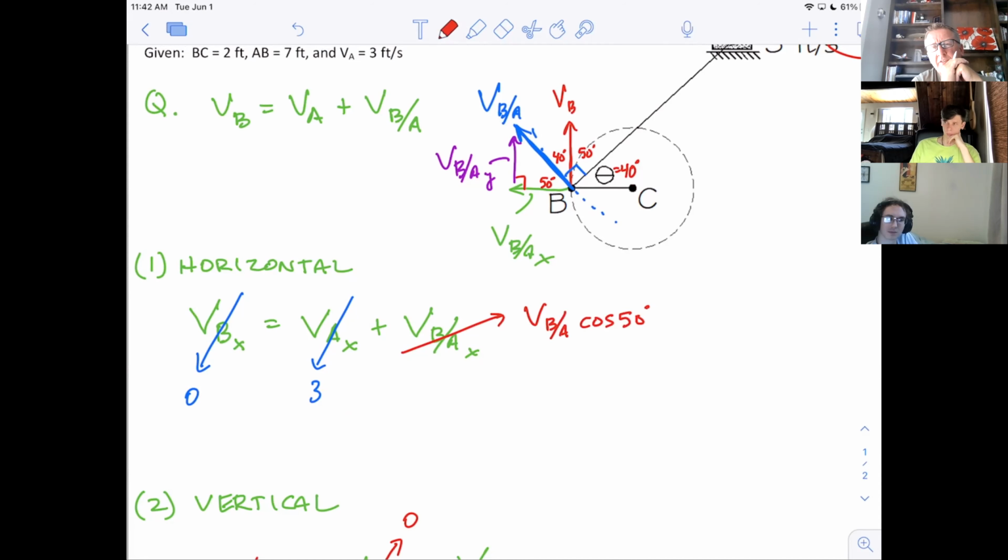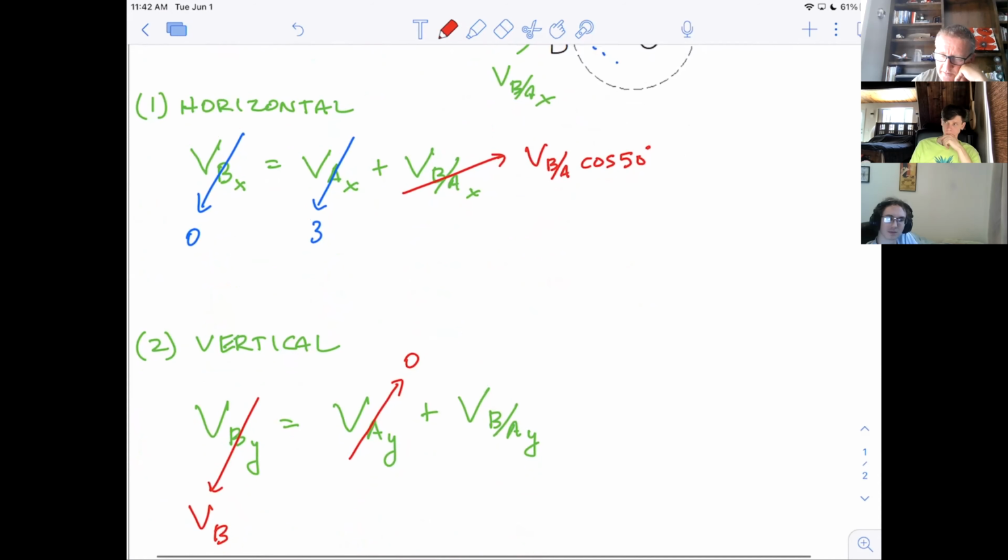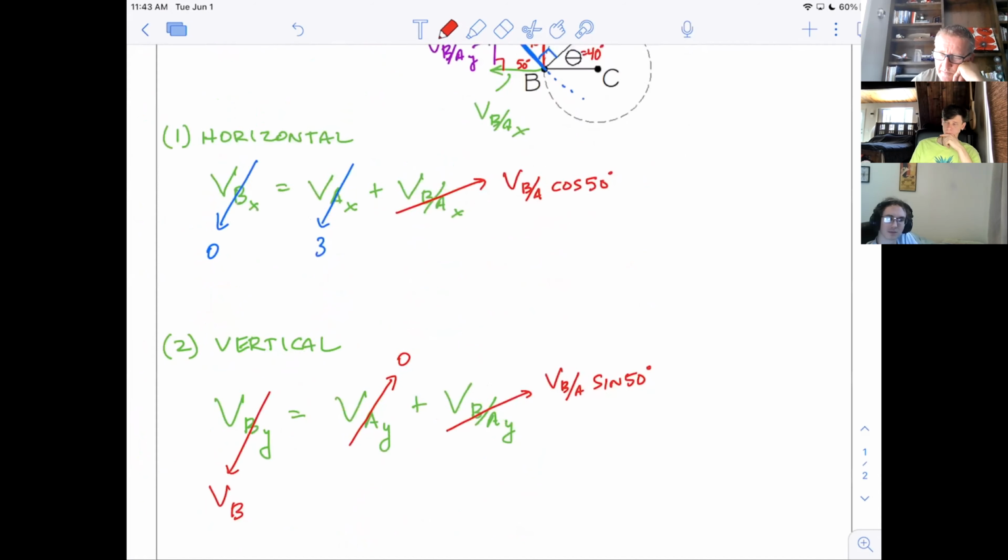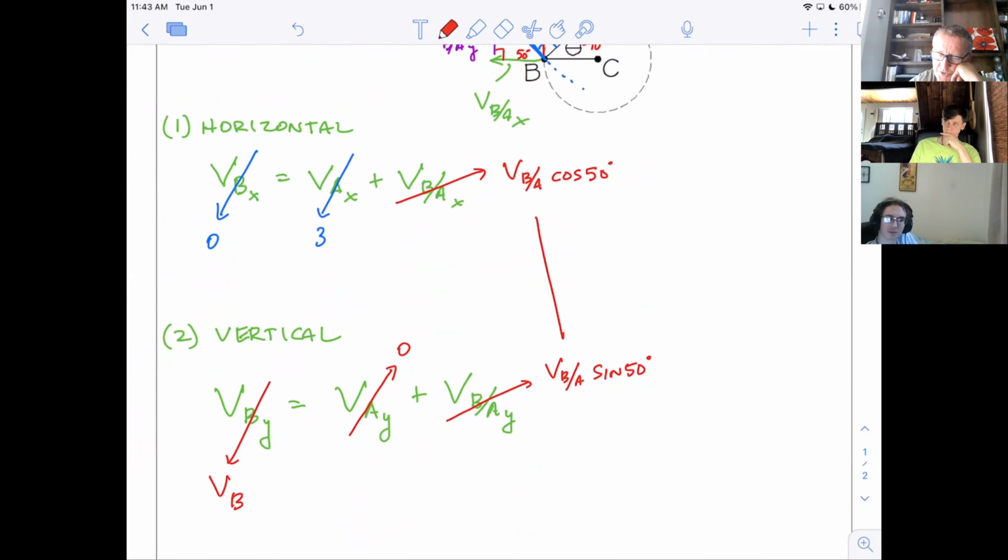I'll show you, maybe you'll see in a second why I'm doing this. If that's the case, then down here, I could replace this with the velocity of B with respect to A, but it'd be modified by the sine of 50 degrees. And now these match. In other words, they're the same exact unknown.